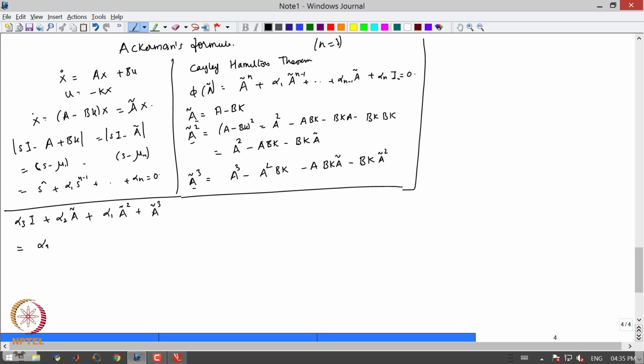I will have some terms to do with alpha 3 I, alpha 2 A, alpha 1 A square plus A cube, all this in A. Then I will have minus alpha 2 bk, minus alpha 1 A bk, minus alpha 1 bk A tilde, minus A square bk.